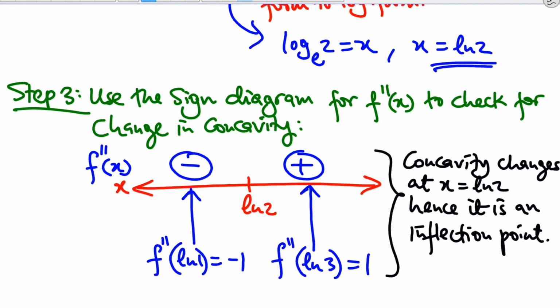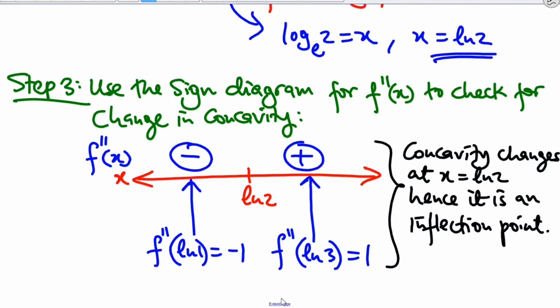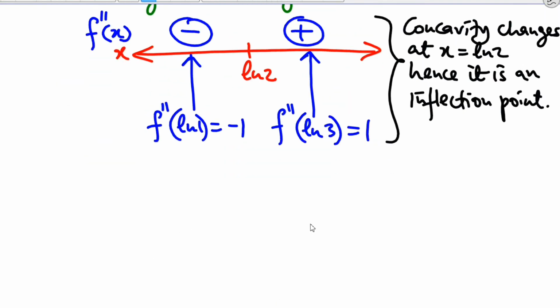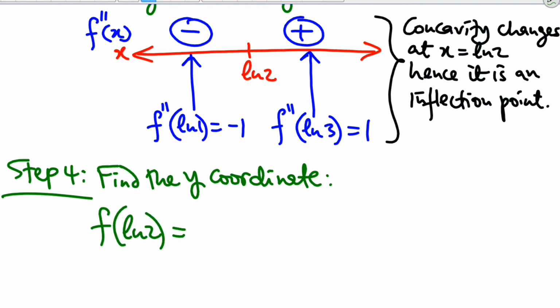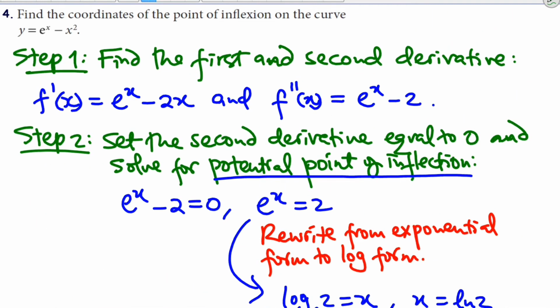So we need to move next to step 4 to be able to find the y coordinate. Step 4, find the y coordinate. So you just plug ln2 into the original function, this one here.